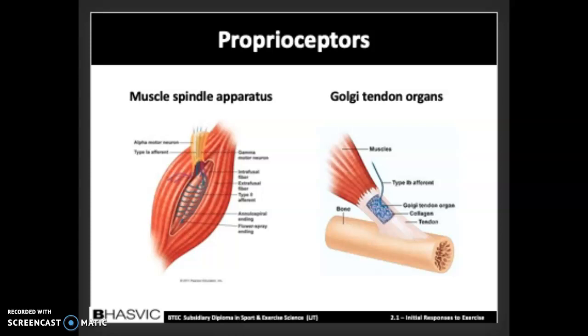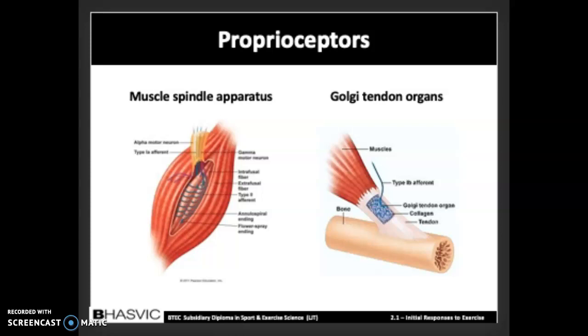Gamma motor neurons innervate the muscle spindle at each end and allow contraction of intrafusal fibers, increasing the sensitivity of the stretch. Muscle spindles are made up of intrafusal fibers and run next to extrafusal fibers, acting as a receptor, providing information on muscle length and the rate of change in the muscle length. The intrafusal fibers make it more sensitive, and they stretch before the impact of a jump, for example.